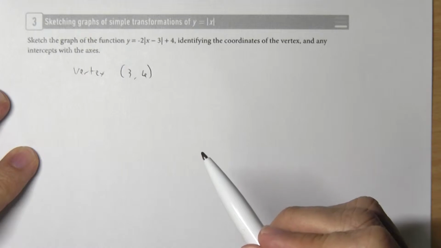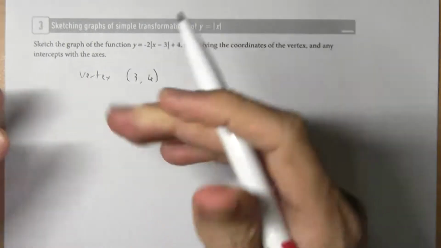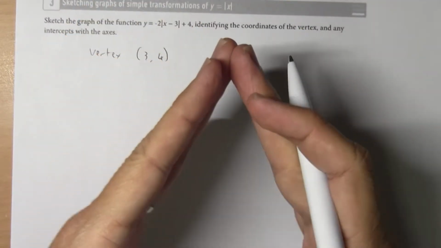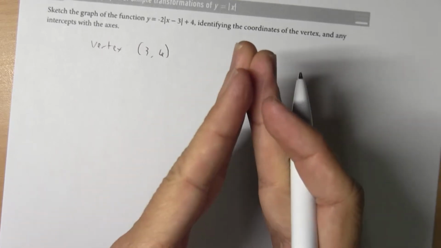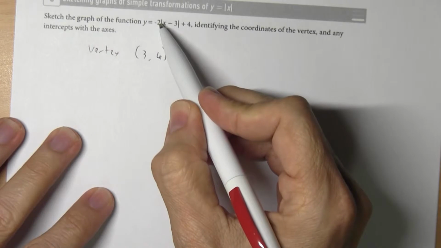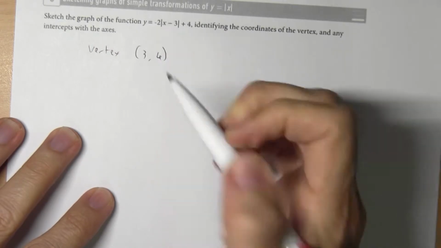What about the shape of the graph? Well, it's negative, so it's going to be inverted this way instead of the usual that way. And it's going to be steeper than usual by a factor of 2. The gradient of those lines is going to be 2 and -2 instead of 1 and -1.